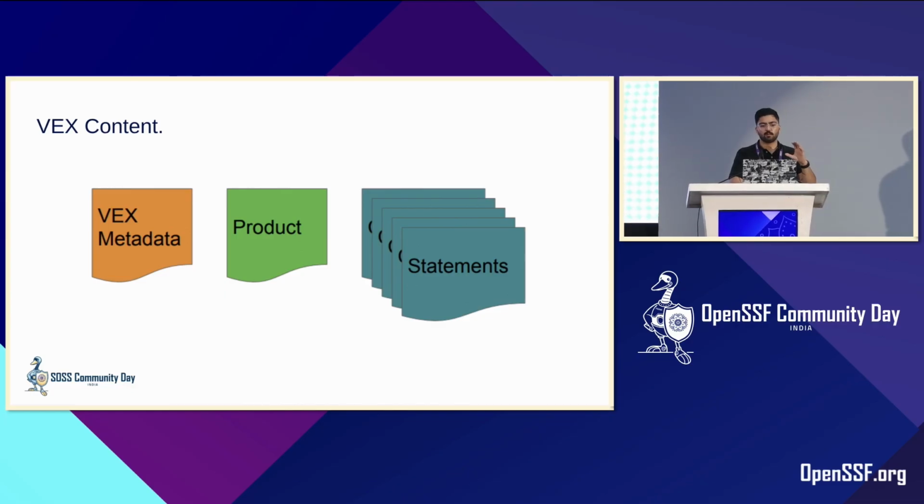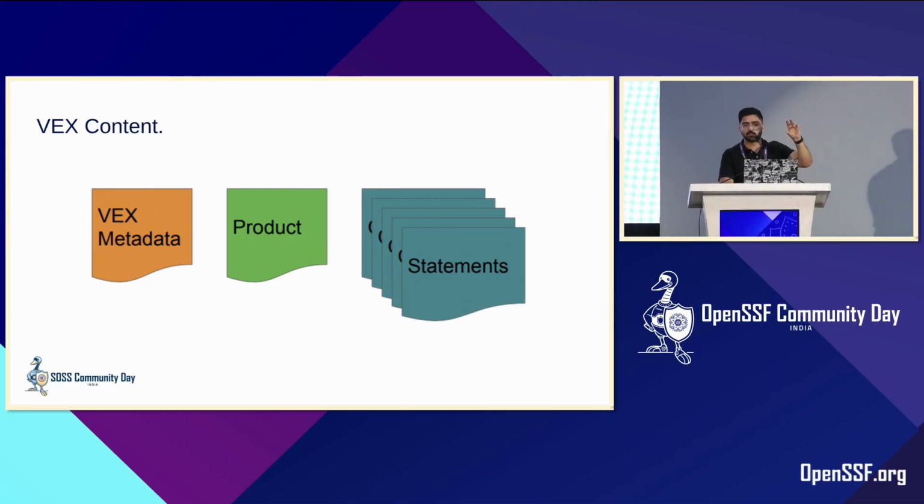So a VEX document has three main components. VEX metadata includes all the information regarding when it was created, by whom it was created, and other similar details, like the schema version of the particular document. Product is any product that you are scanning.